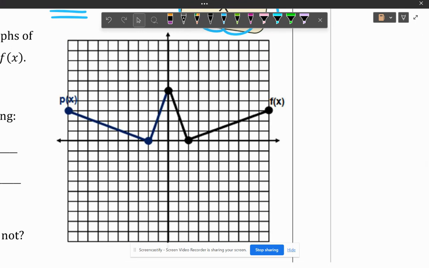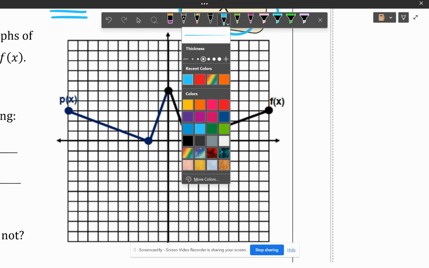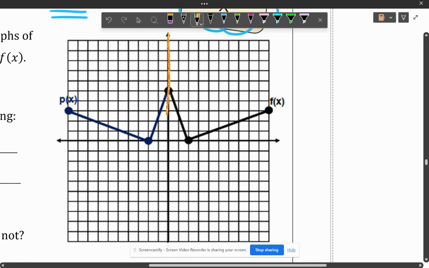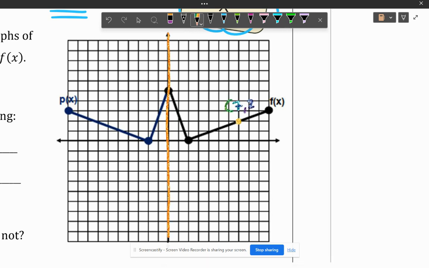So notice that the function is flipped across the y-axis. And we want to take a look at f of 7 again, which is still 2. Hopefully my pen works now. Okay, yes it does. So it's flipped across the y-axis. We're looking at 7, 2.